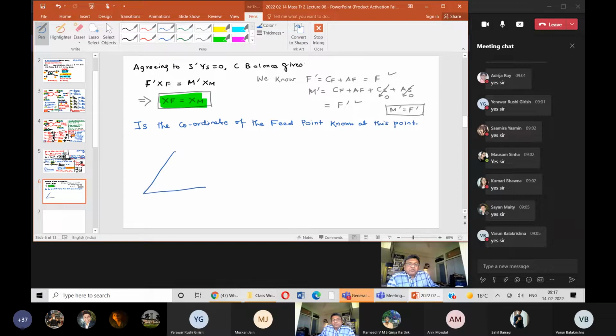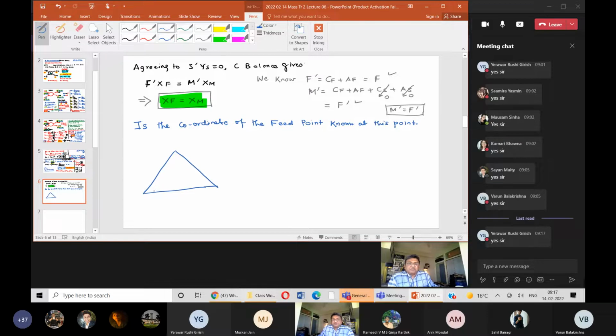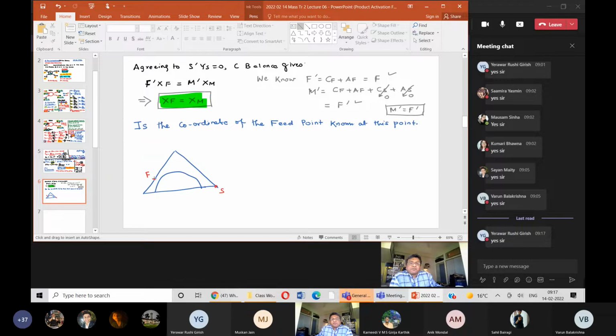Because if you remember your single stage extraction, if you had to start your single stage extraction on a triangular plot, what are the points you needed to mark? Feed point and the solvent point. And you join this F and S. Right?